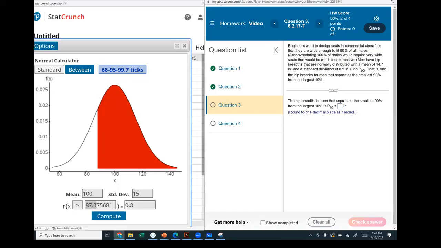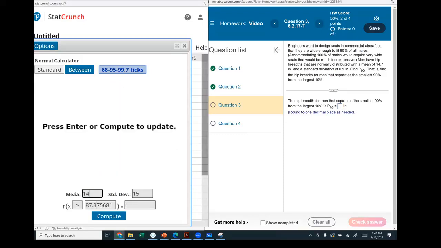Okay, let's do another example. Engineers want to design seats in a commercial aircraft so they are wide enough to fit 90% of all males. Accommodating 100% of males would require very wide seats that would be much too expensive. Men have hip breadths, which I guess are the widths, that are normally distributed with a mean of 14.7 and a standard deviation of 0.9.